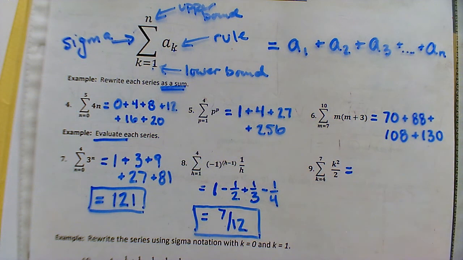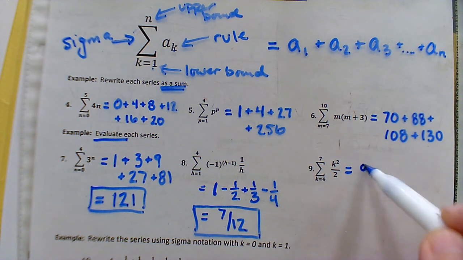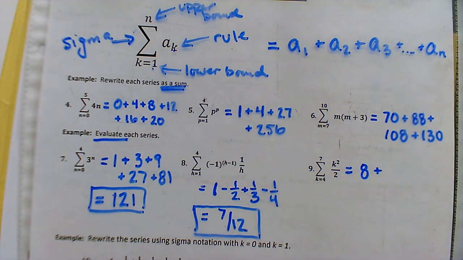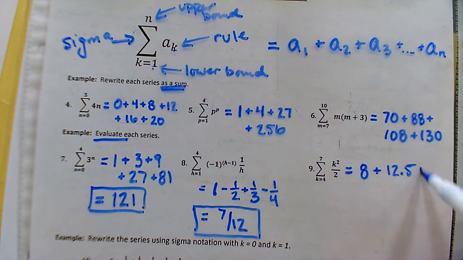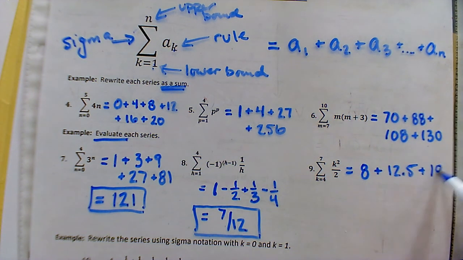All right, let's try our next one. We'll start with 4, end with 7. So 4 squared, we got 16 divided by 2, we got 8. Let's see, 5 squared, 25 divided by 2 is 12.5. 6 squared is 36 divided by 2, we got 18.